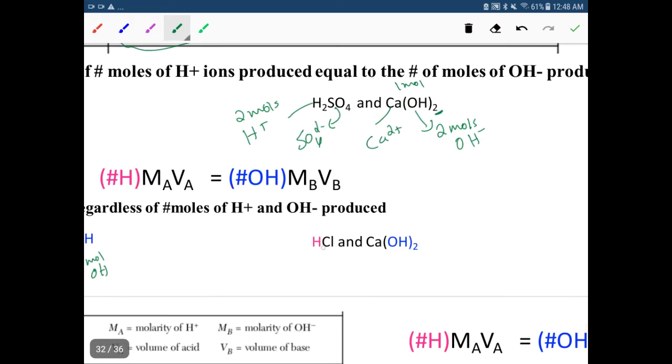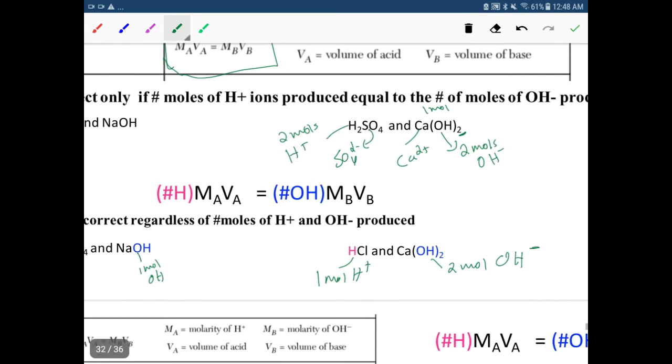Same thing here. If you dissolve 1 mole of each substance, this will produce 1 mole of H+ because it only has 1 hydrogen per chemical formula, but Ca(OH)2 will produce 2 moles of OH- per mole. So the number of moles of H+ and OH- produced is not going to be equal.